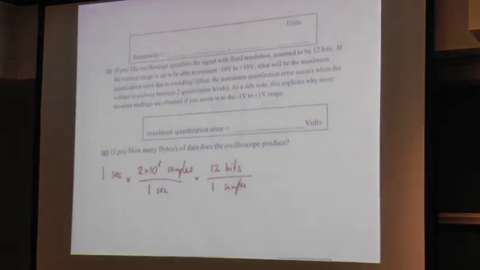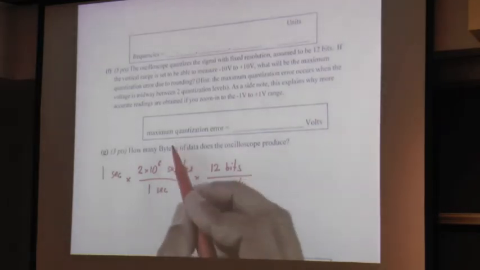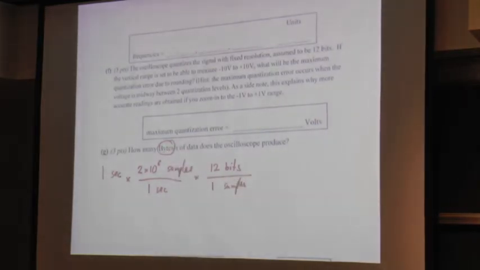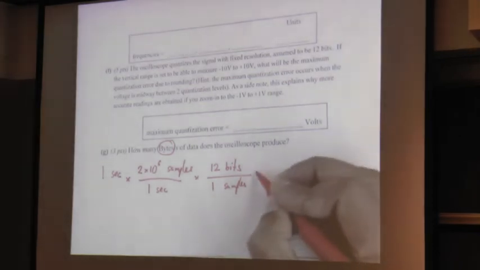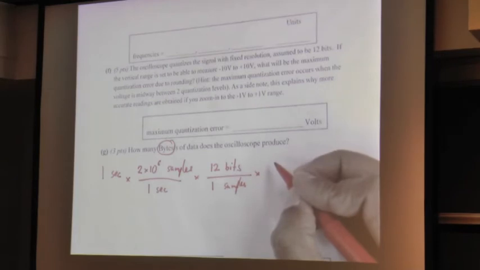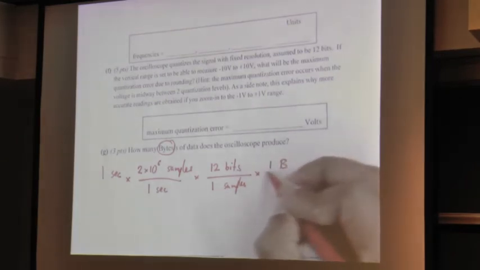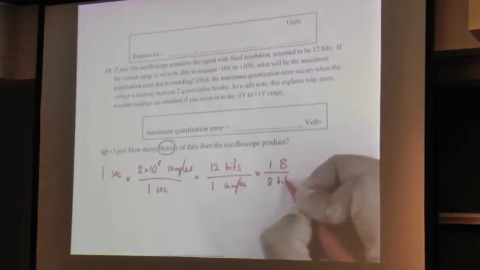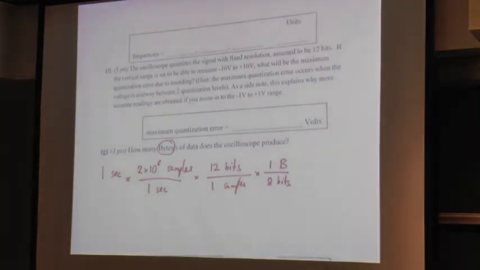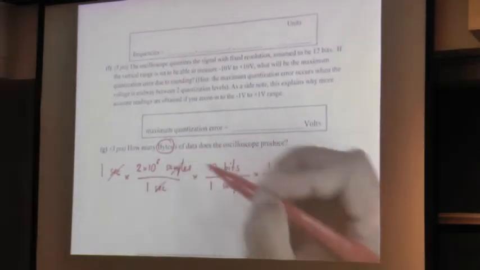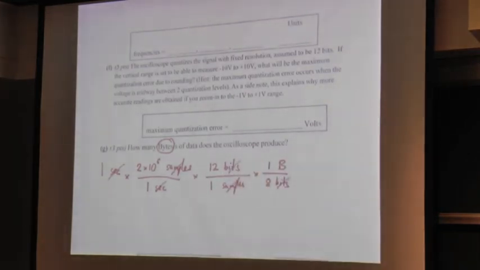Now our whole expression is getting much closer to the answer that we want, which is bytes. There's only one thing to do, which is to convert bits into bytes. The relationship here is that 1 byte is equal to 8 bits. Now it's complete. We can cancel out all the units, and we have an answer in bytes.